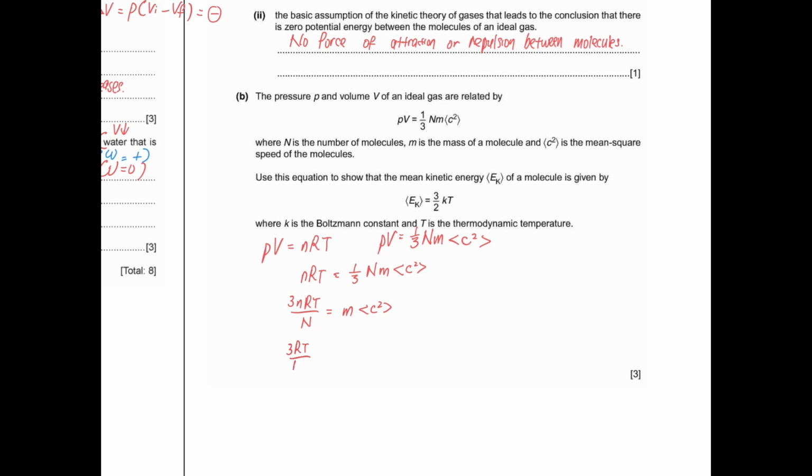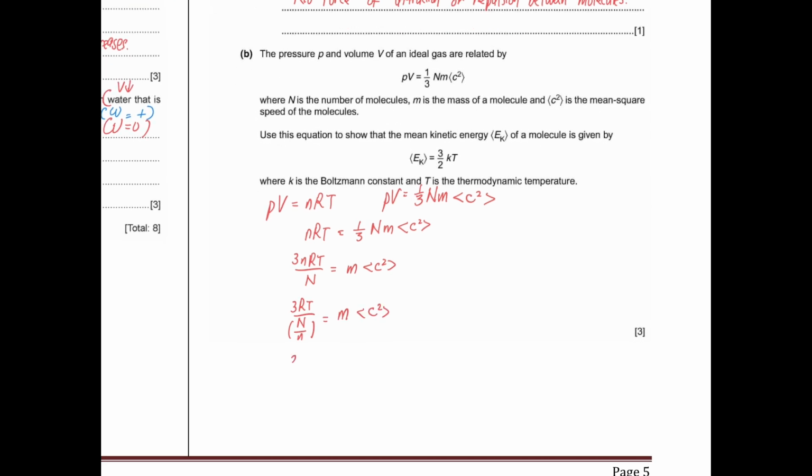Boltzmann constant is Avogadro over mole. I purposely put it to the bottom. No, this is actually number of molecules over number of moles. Number of molecules over number of moles is Avogadro constant. It's Avogadro, not Boltzmann yet. So I change it to Avogadro first.